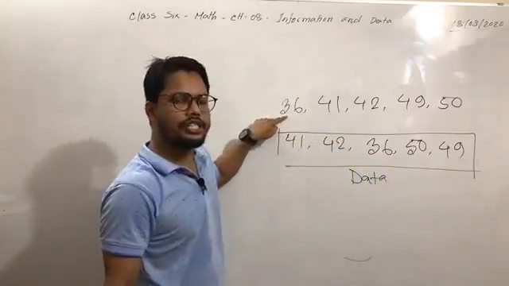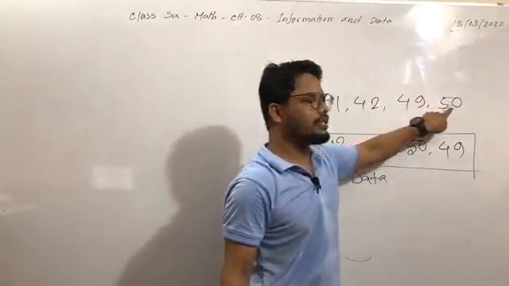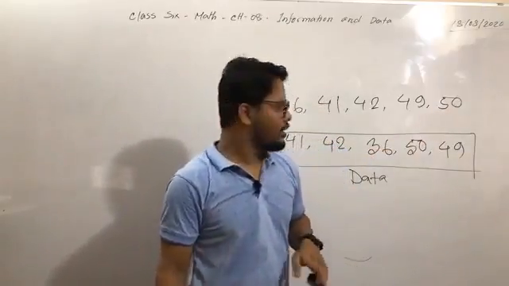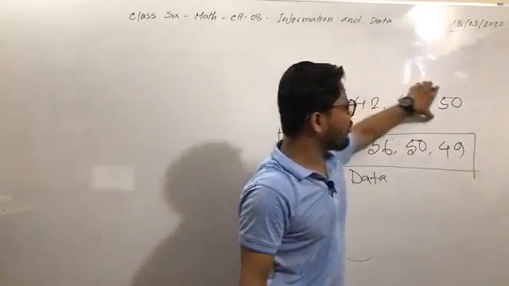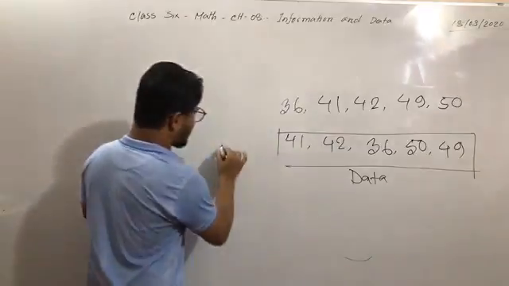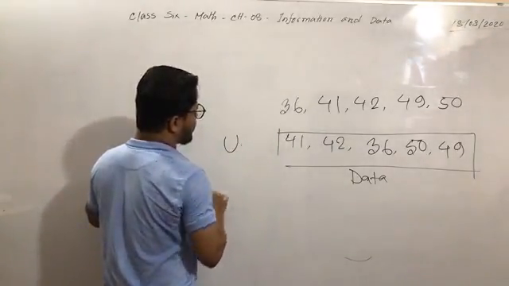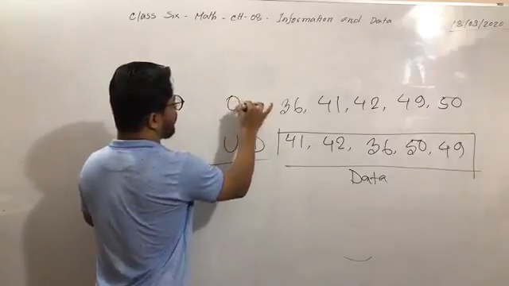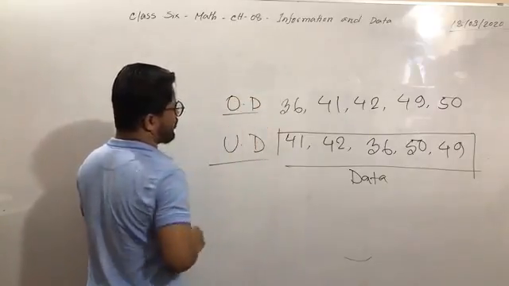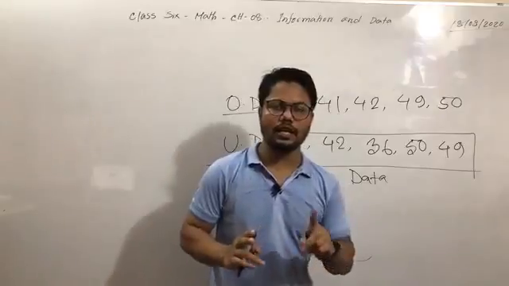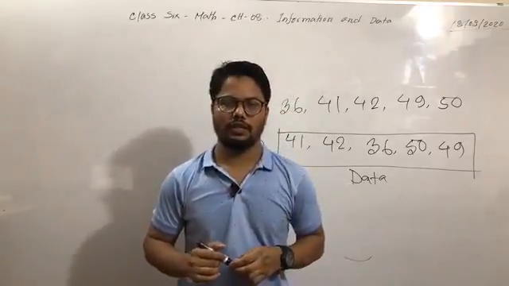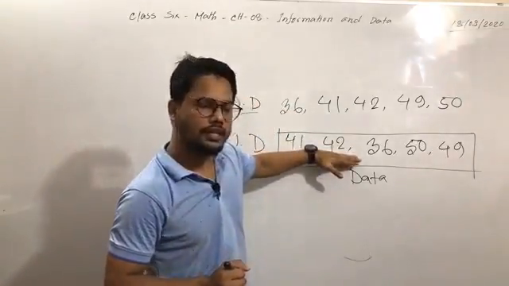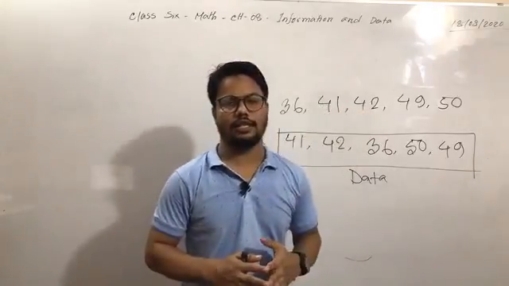This is the lowest mark, this is the highest mark. Now this data is organized. So this data is unorganized data, this is organized data. How many types of data do we see here? 2 types of data, unorganized and organized.